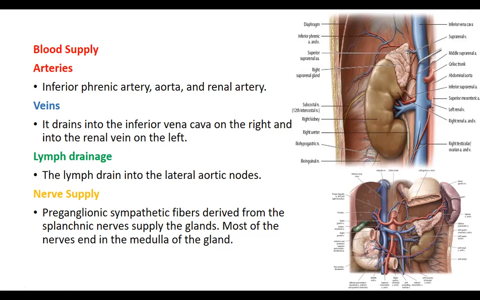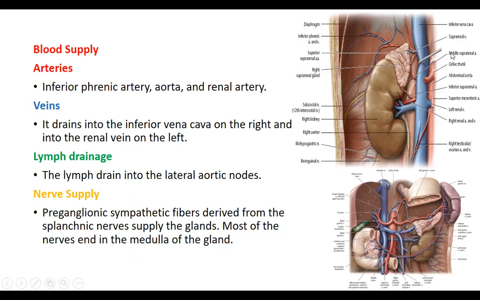The arteries have specific names, they are called the suprarenal arteries. Those which come from the phrenic artery will be called the superior suprarenal arteries. Then there are branches which come directly from the aorta. If you see the aorta here, it will be giving direct branches. These are coming from the aorta directly. These are called the middle suprarenal artery.